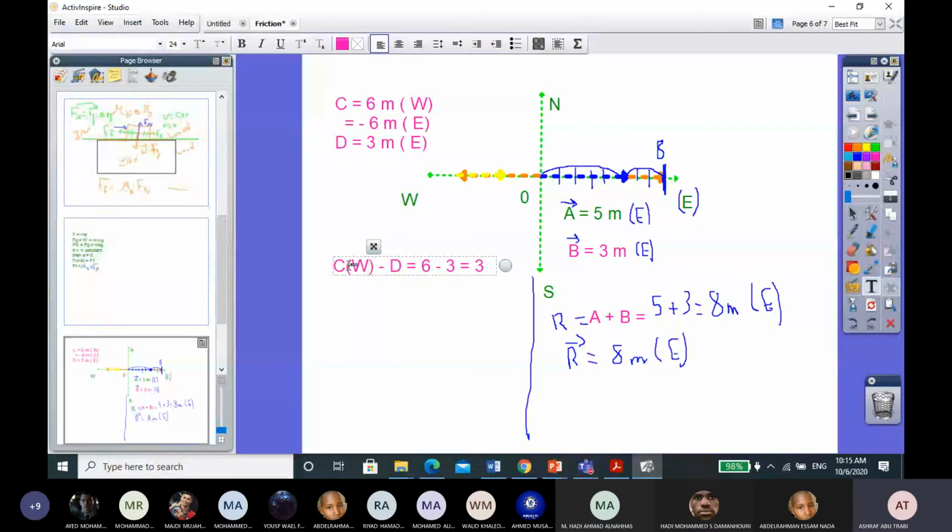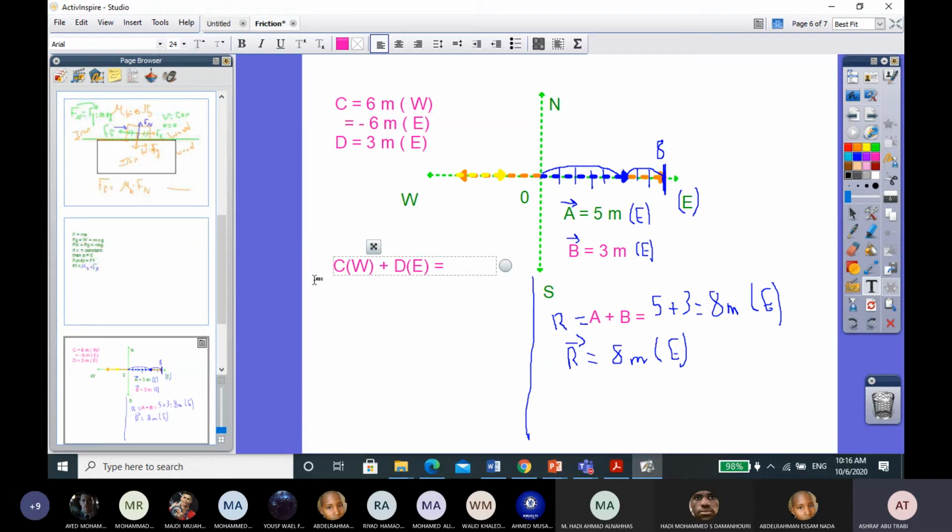Okay, so always we put it here plus, and when we see what shall I do, guys? Plus D in the east. Okay, so C in the west direction and D in the east direction. Let's get rid of this.